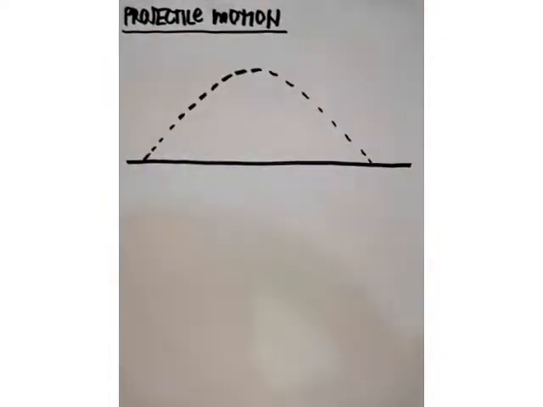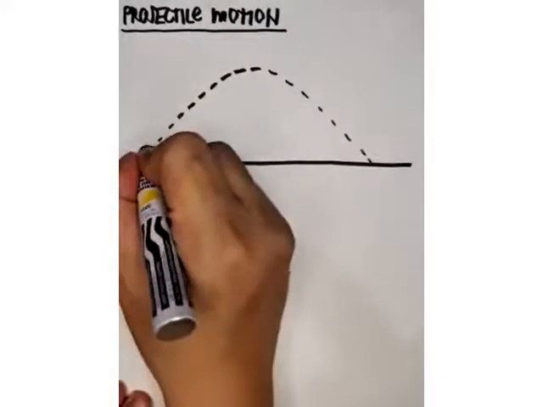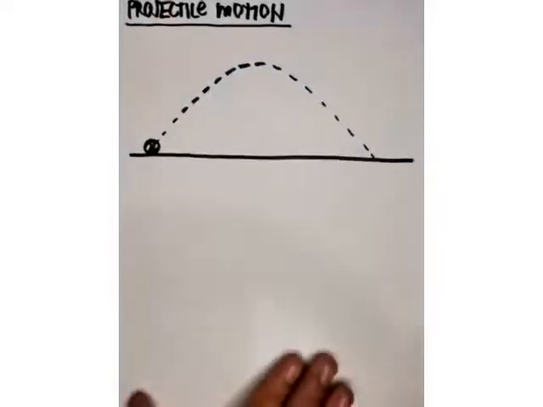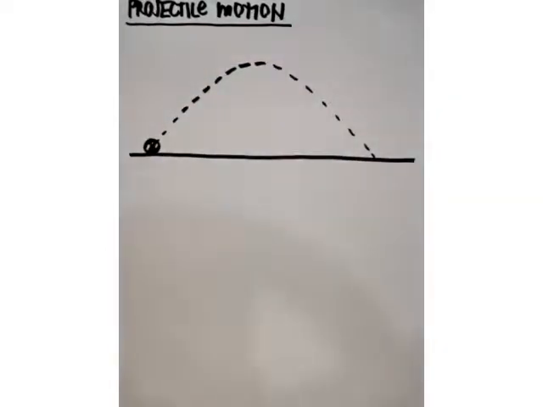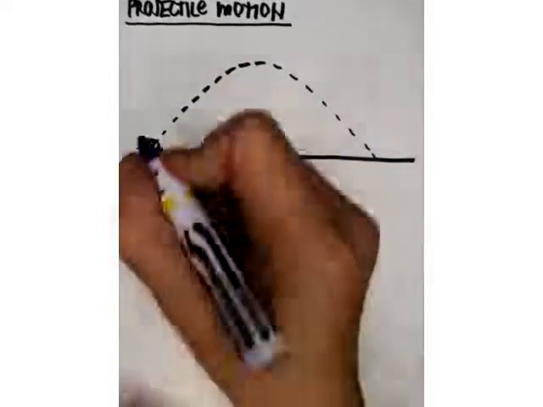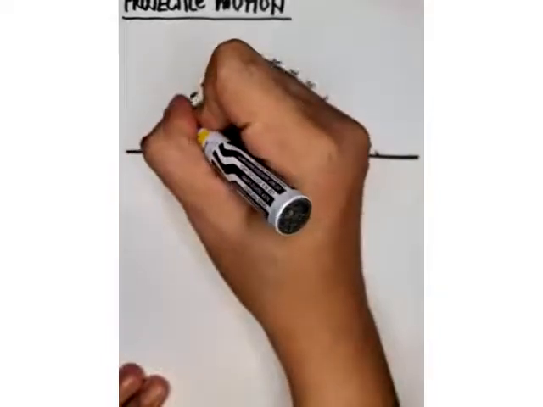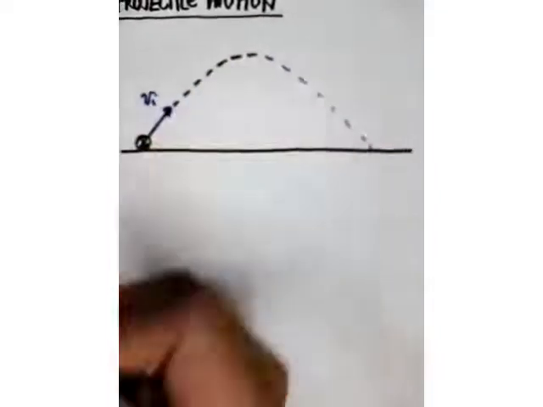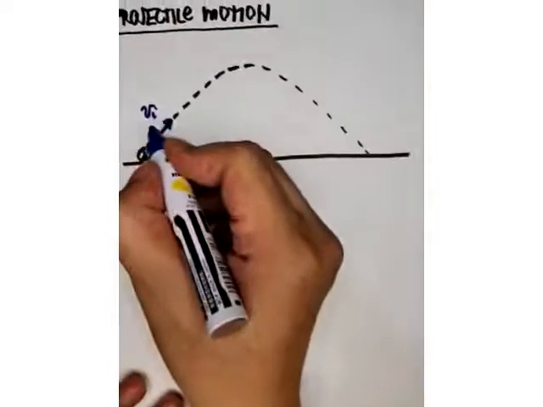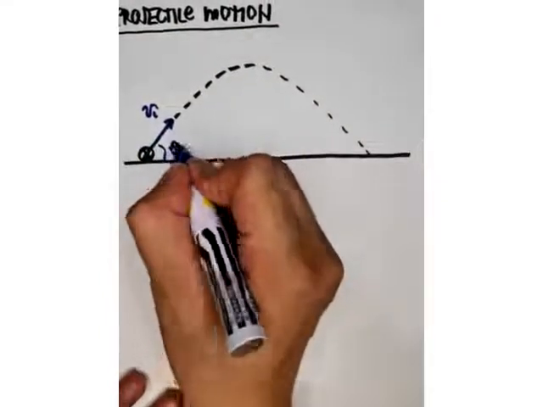Okay, so let's begin. Let's say we have a ball, an object, which is at the ground. So level yan, magka-level. And then, para magkaroon siya ng trajectory na ganyan, kailangan lalagyan natin siya ng velocity. So lalagyan natin siya ng initial velocity. Since meron siyang initial velocity, meron siyang angle of projection theta.